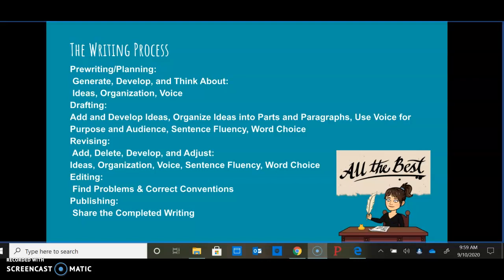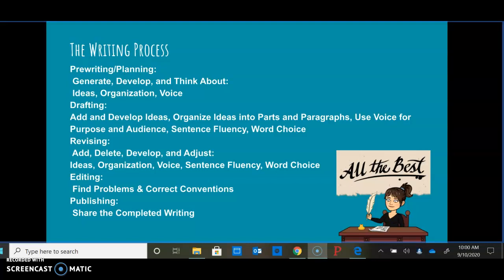contains pre-writing and planning. And in that, you're just generating ideas, developing topics and things that you want to talk about, and all that kind of stuff. Next, you have drafting.